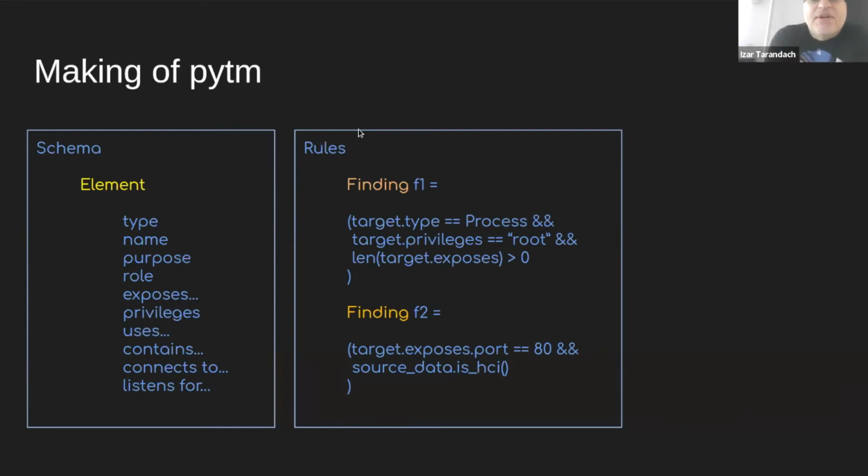For example, the first one here, the finding F1, only says that if the target, the thing that we are looking at, is a process, and it runs with root privileges, and it exposes something at all, then, hey, we have something here that we might want to look at a bit better.